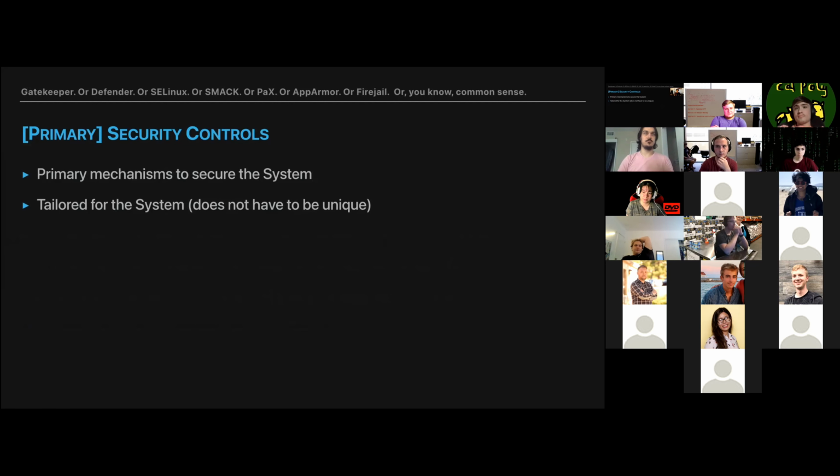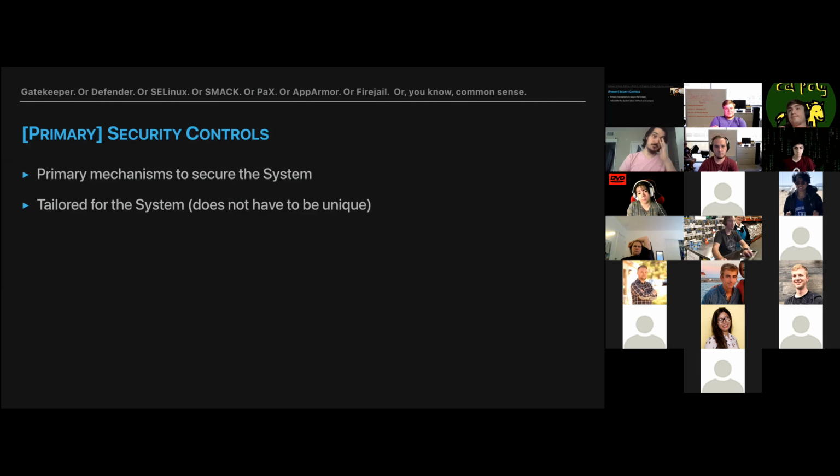Firewall rules certainly aren't a unique control across all of the systems, but a firewall rule is definitely tailored to that system, right? As in, certain systems may need certain firewall rules, other ones don't, right? Let's say you need to allow HTTPS access to a server, but you don't need it for a workstation, right? So this is an example of a control that's not unique across all systems, but it's tailored to each system.